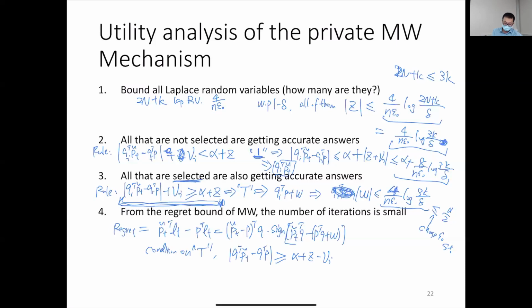And this is larger than, by requiring this bound to be strictly smaller than half alpha, this is strictly larger than 0, because there are 2 copies of the noise, and each one of them is strictly smaller than half alpha, so it's not going to make this absolute value smaller.